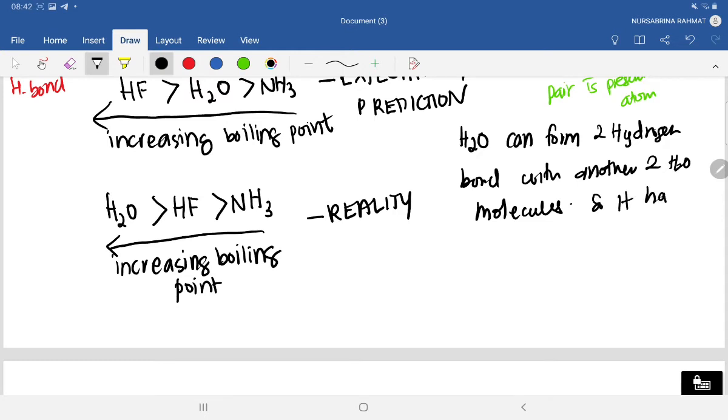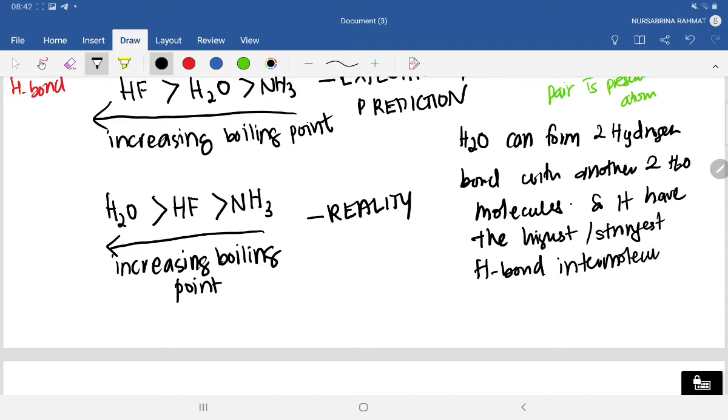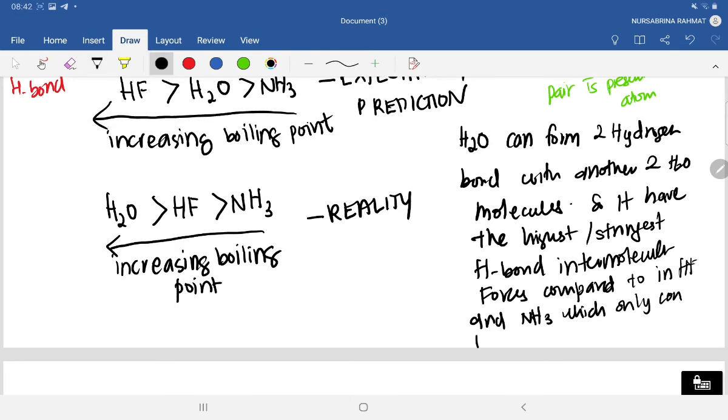So it has the highest, or strongest, hydrogen bonding in the intermolecular forces compared to HF and NH3, which can only form one hydrogen bond. Okay, that's all for hydrogen bond.